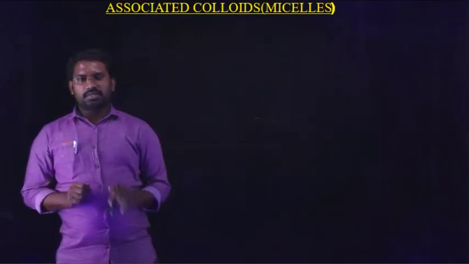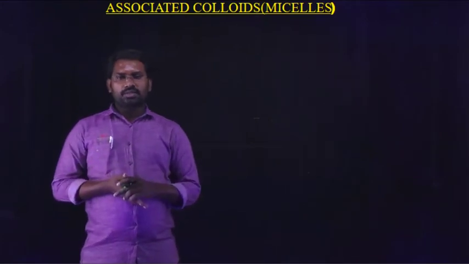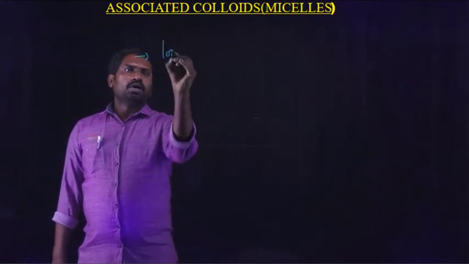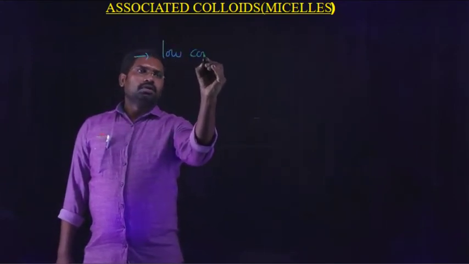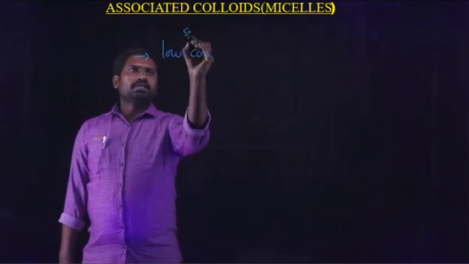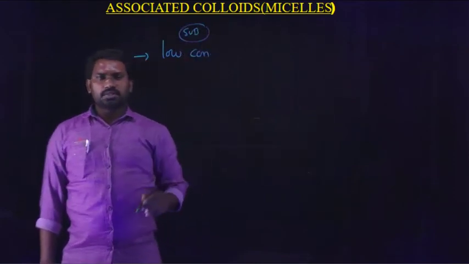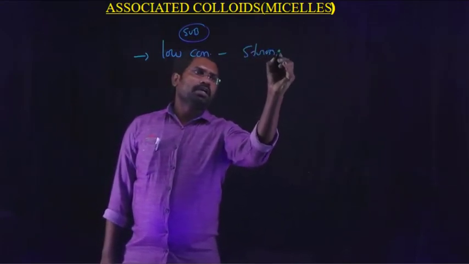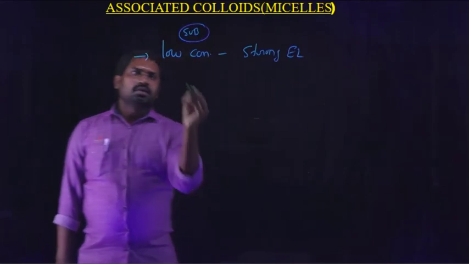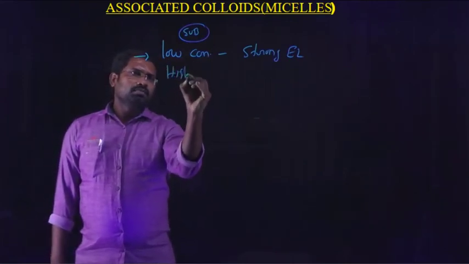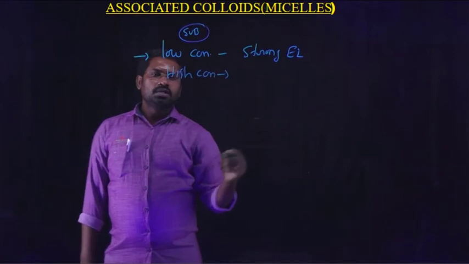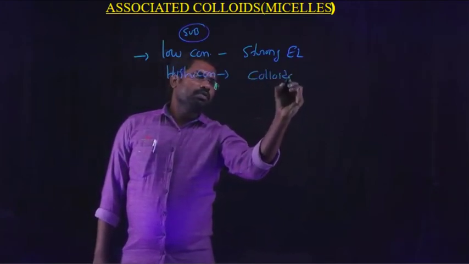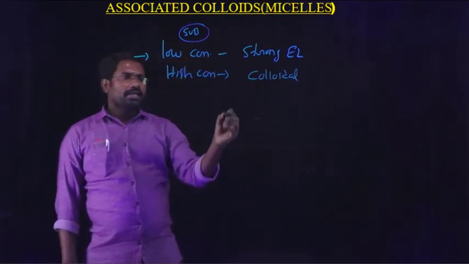Associated colloids are micelles. So what are associated colloids? Some substances at low concentration behave as strong electrolytes, but at high concentration they behave with colloidal nature due to the aggregation of particles.